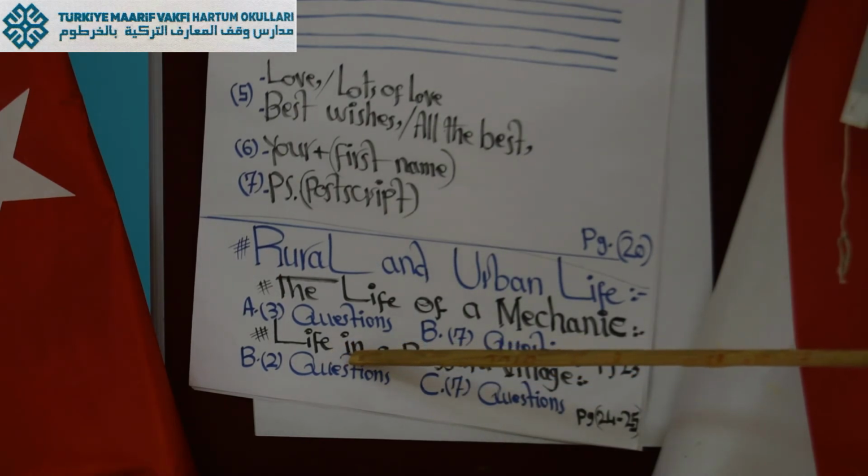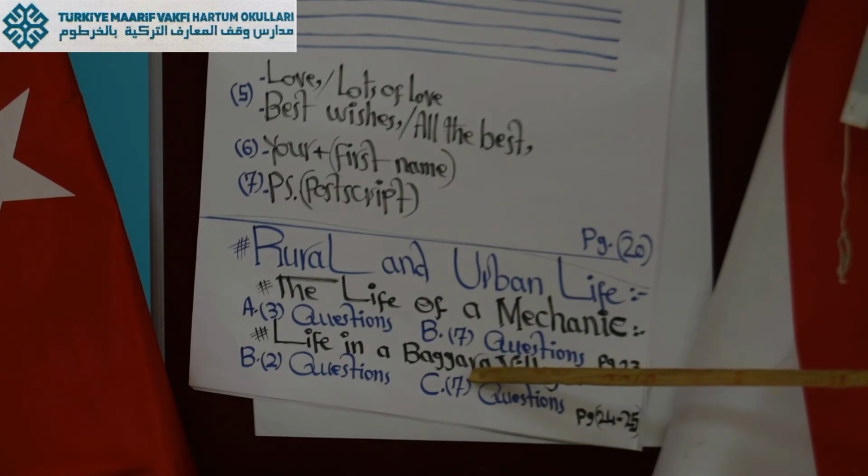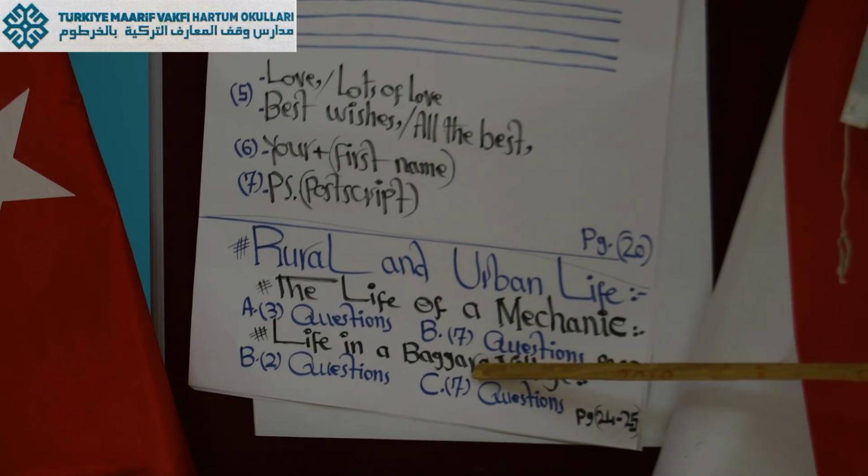When we say Bagara, of course, we mean those societies or communities who breed cows, usually in Western Sudan, Kordofan, and parts of Darfur. We call them Bagara.